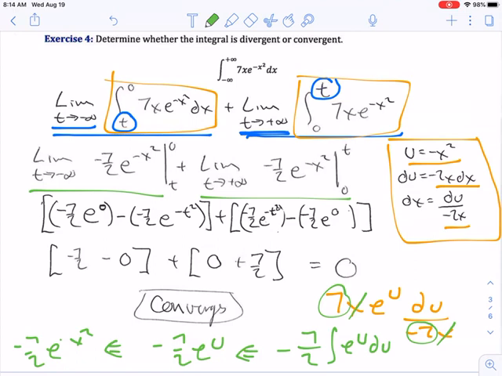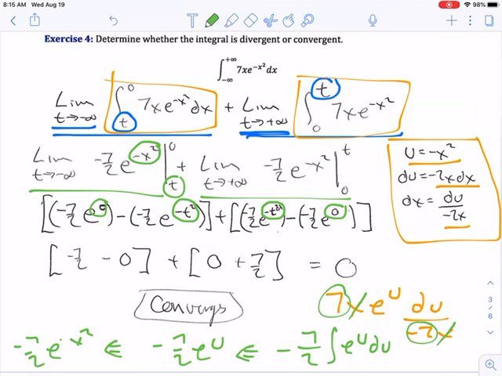All right, so now it comes time to evaluate these integrals. So we're going to replace the x in negative x squared with 0. So we have negative 0 squared, which is just 0. And then we're replacing it with t. So we have a negative t squared. Then over here, we're replacing it with t again, and then with 0 again.